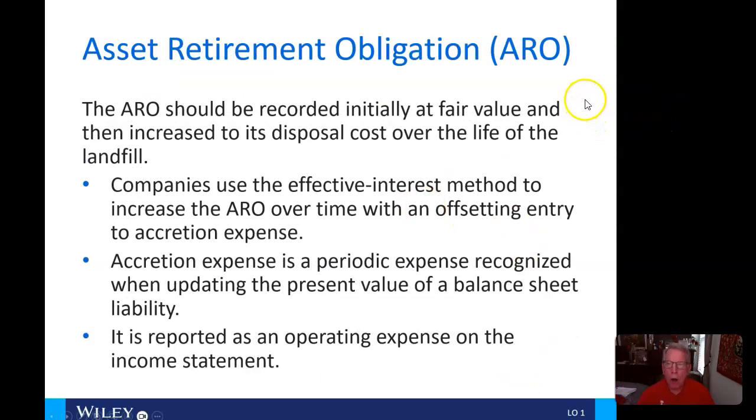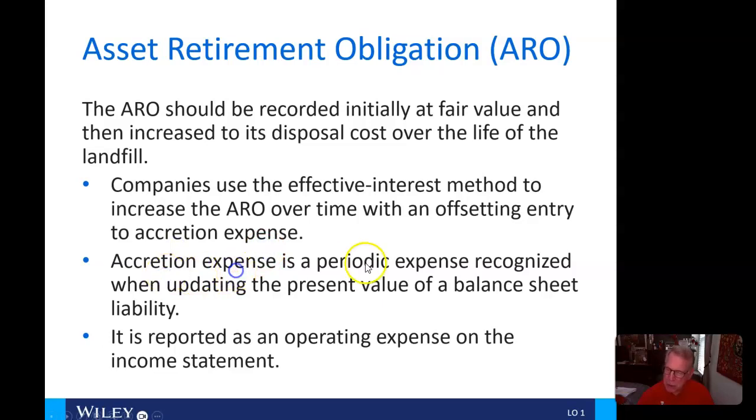Okay, the ARO, Asset Retirement Obligation. An ARO should be recorded initially at fair value, then increased to its disposal cost over the life of the landfill. Companies use the effective interest method to increase the ARO over time with an offsetting entry to accretion expense.